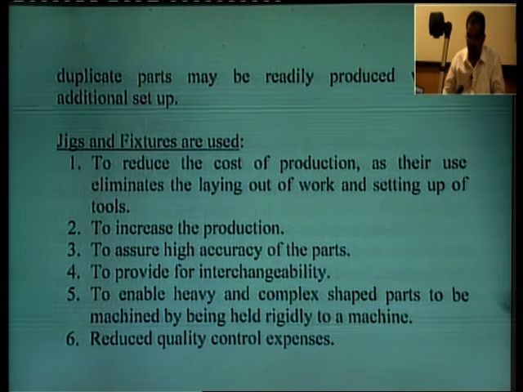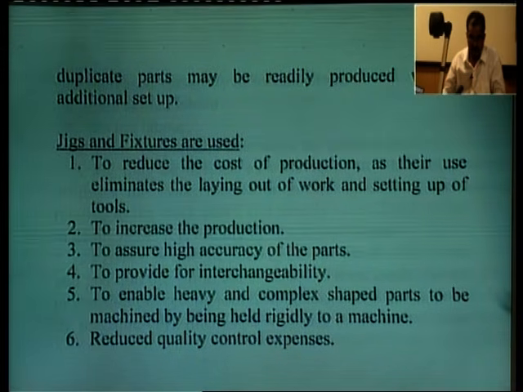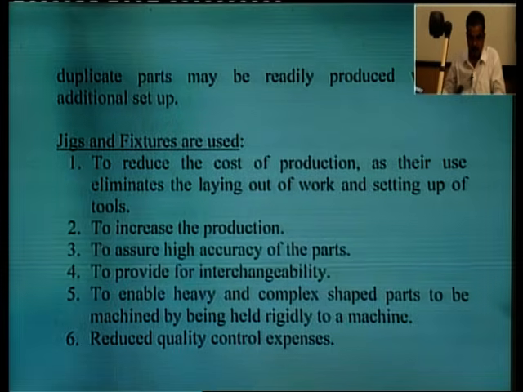Now, where are jigs and fixtures used? These are used to reduce the cost of production, as their use eliminates the laying out of work and setting up of tools.